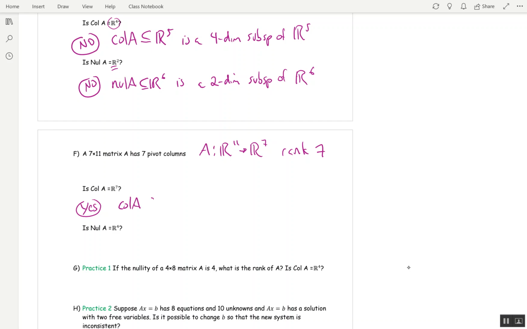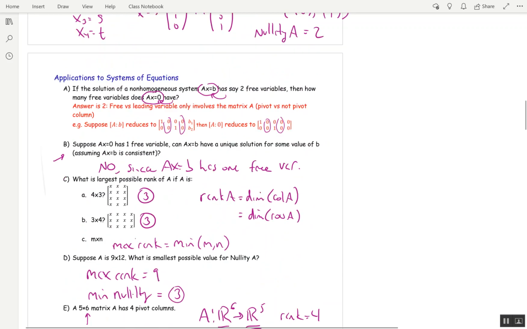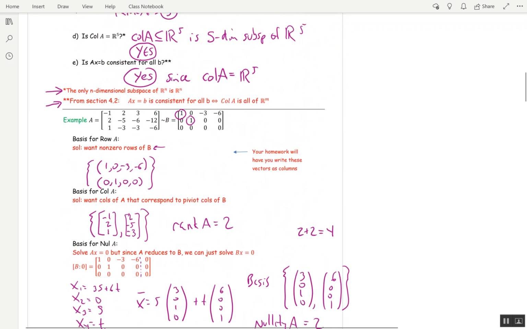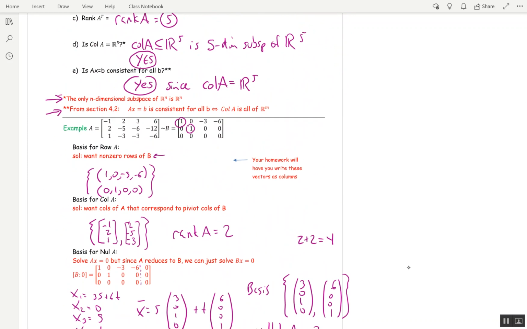Col A lives inside of the target space, which is R7, and is a 7-dimensional subspace of R7. There's only one 7-dimensional subspace of R7, and that is R7. And that's from this fact in red, up here, the only n-dimensional subspace of Rn is Rn.